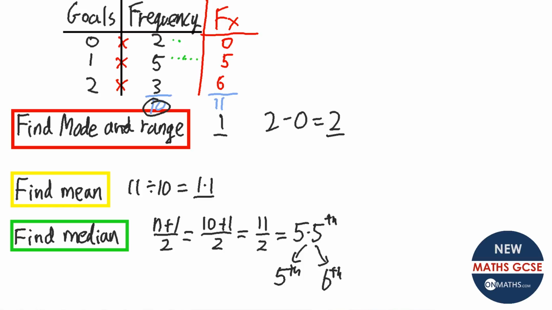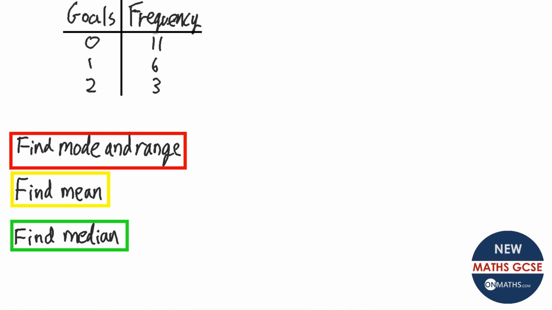Okay, so the 5th and 6th values are in this group. So the median is 1. Now people do struggle with working out where the median is, but just count down however many from the top you have to get to the median. Okay, have a go.